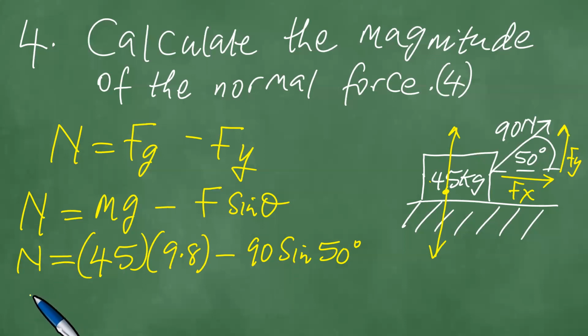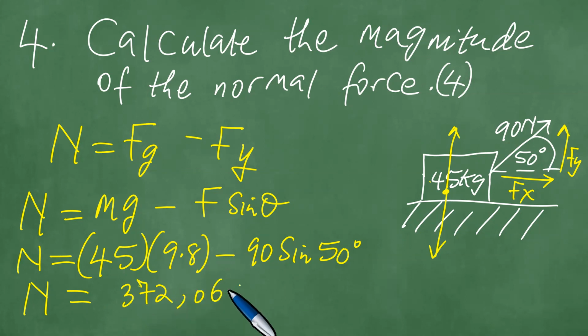And therefore, if you use a calculator, you'll be able to see that this is exactly 372.06 newtons. Ideally, therefore, the normal force would be exactly that one there.